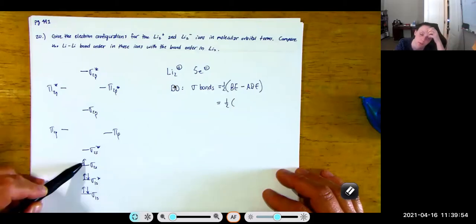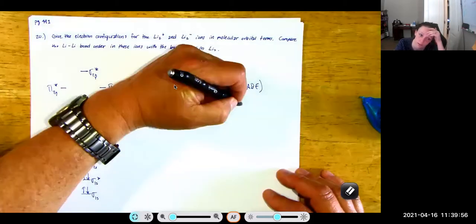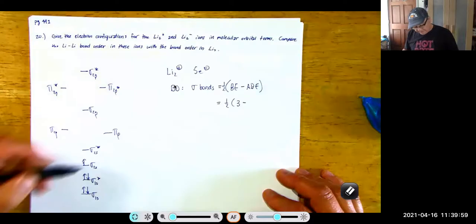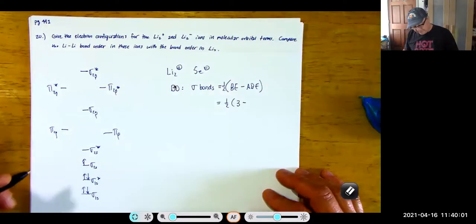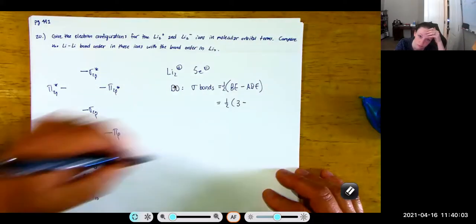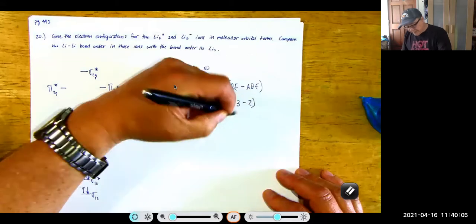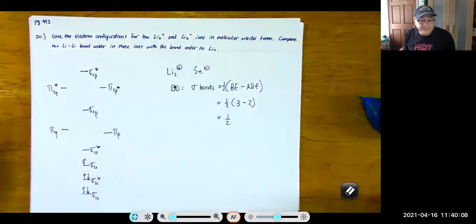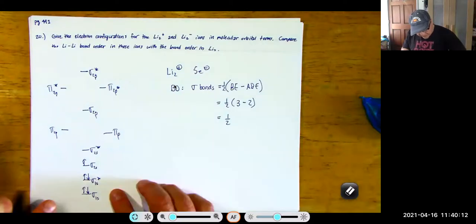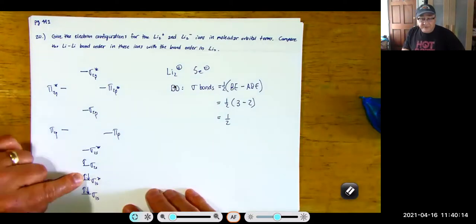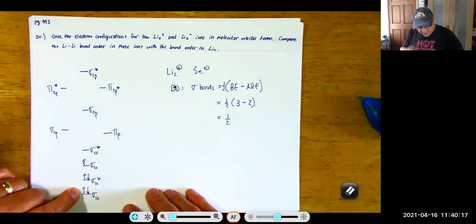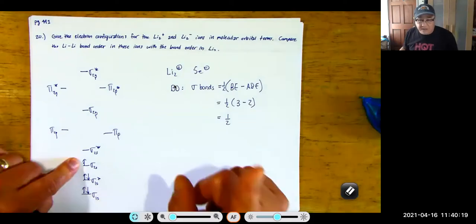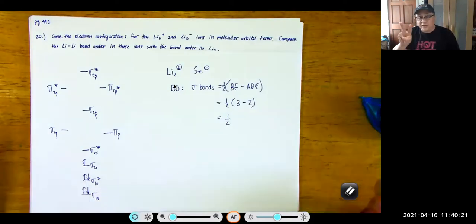How many anti-bonding electrons do we have? 2. So this is half a bond. Does that make sense? Do these two cancel these two? Absolutely. And then when you have 1 electron, is that a full bond? No, you need 2 electrons for a full bond. So how much of a bond is this? Half a bond.